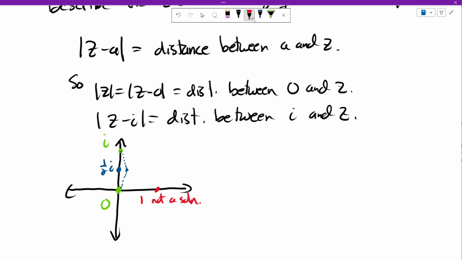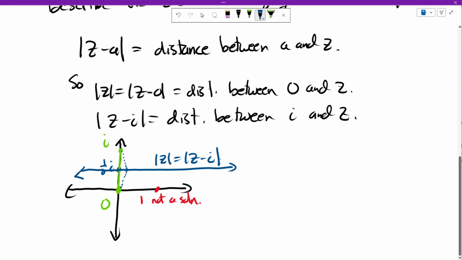So in other words, if in green I were to draw the segment joining 0 and i, the set of points where modulus z minus i equals modulus z is just the perpendicular bisector of that segment. So there we have a geometric description of what the solution set is.